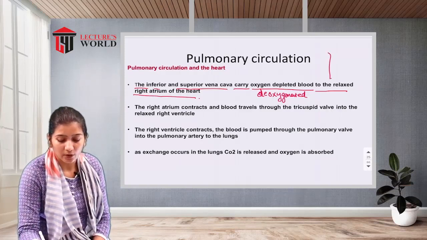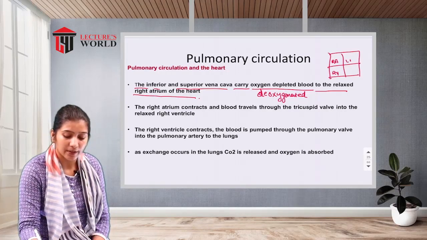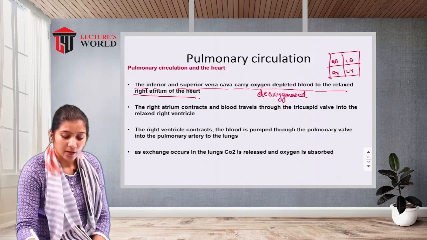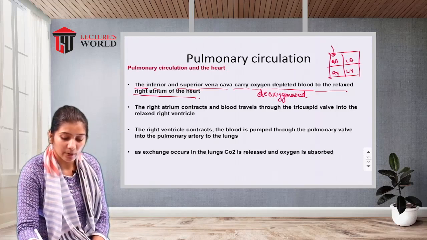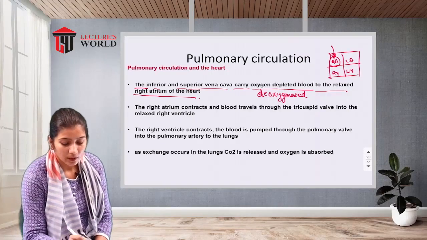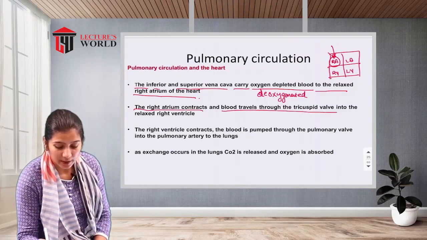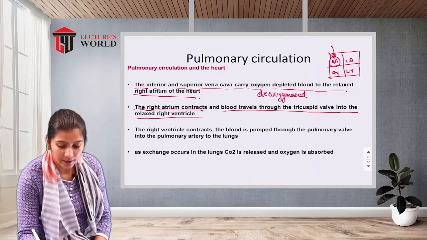So suppose this is the heart, these are the four chambers of the heart: right atrium, right ventricle, left atrium, left ventricle. Whatever deoxygenated blood comes into the right atrium, the right atrium contracts and blood travels through the tricuspid valve into the relaxed right ventricle.